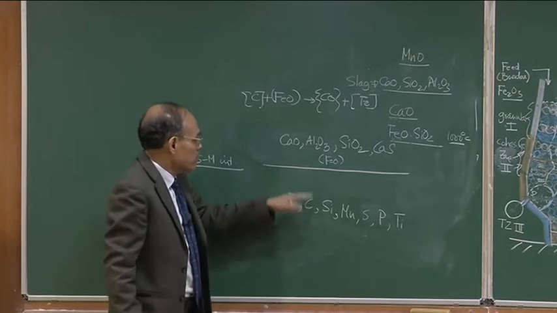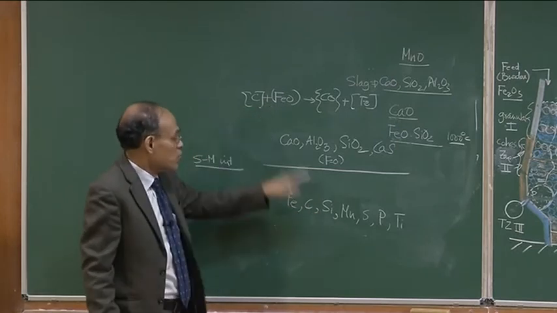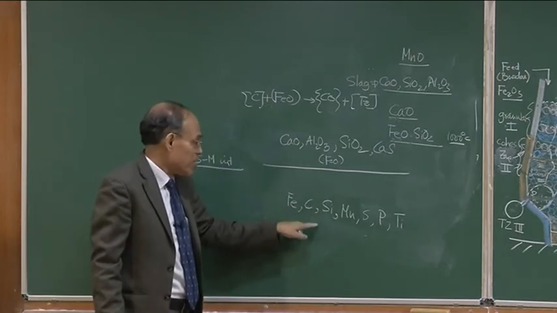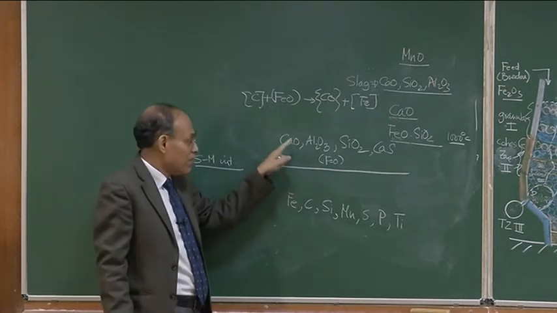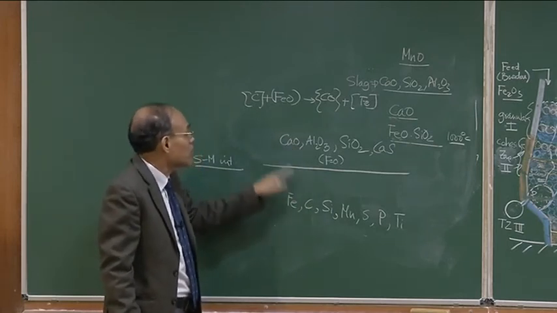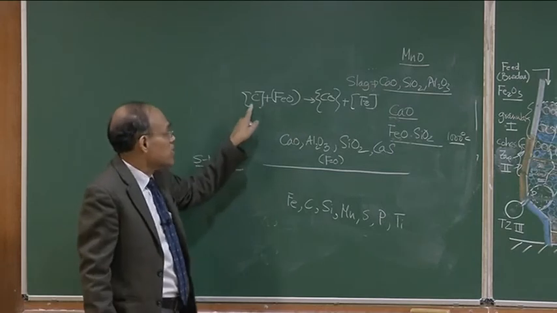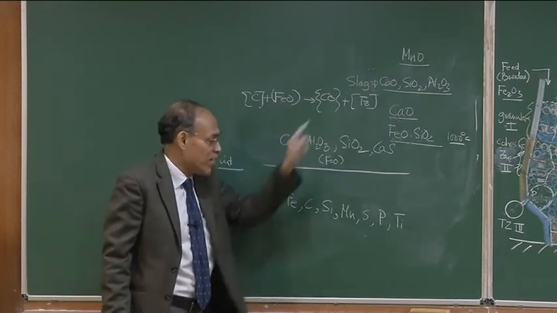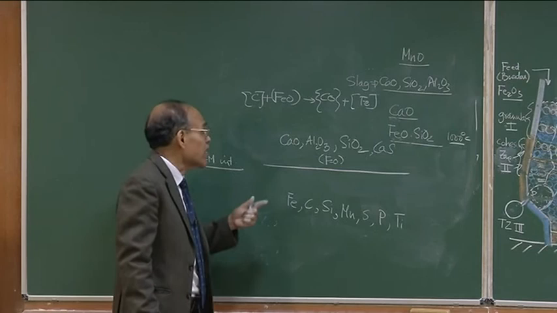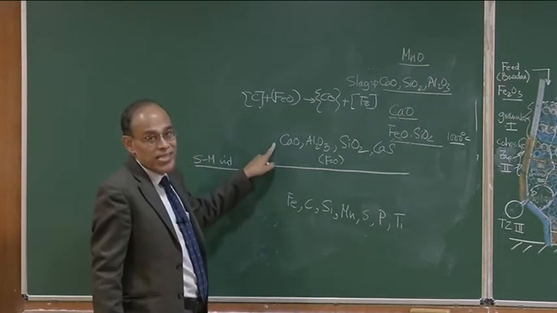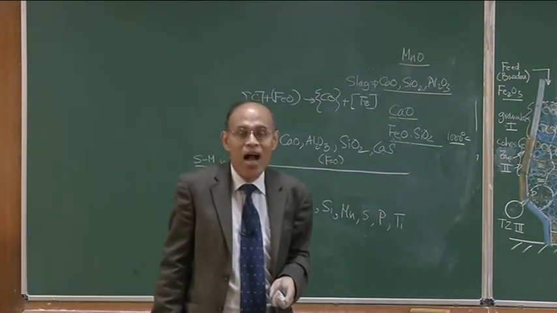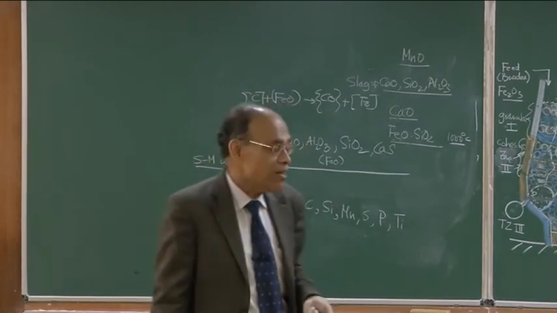So, if this is true, then it is equally true for MnO. If MnO is there somehow in the slag phase, that MnO is going to react with dissolved carbon, and as a result the reaction C plus MnO gives CO plus Mn will be facilitated. So, therefore, we will say that the blast furnace slag will never contain any iron oxide or manganese oxide.